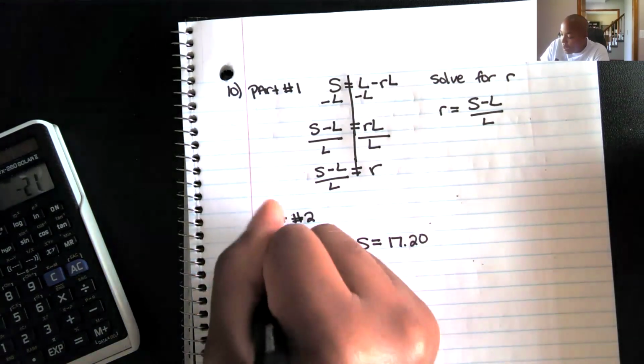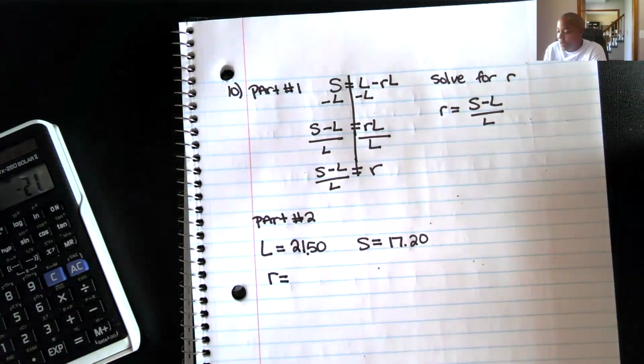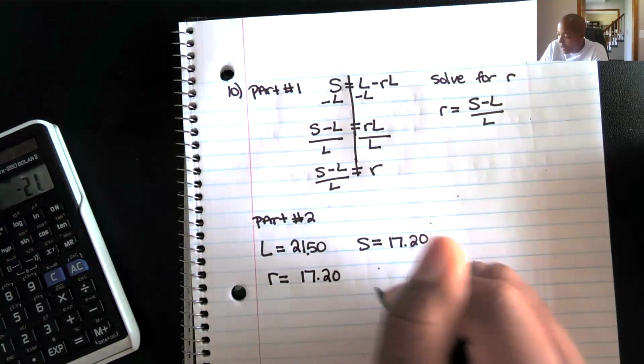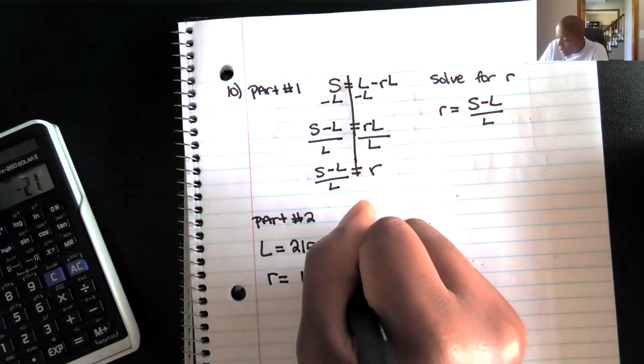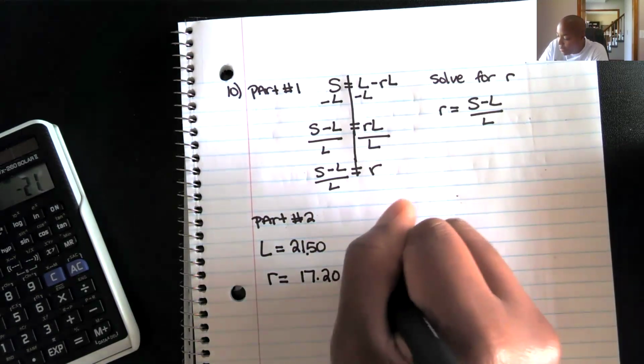Okay, so R is equal to S minus L. So S is $17.20, minus the list price, which is $21.50.